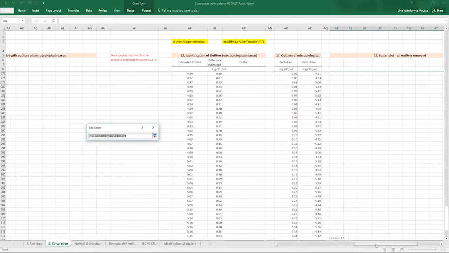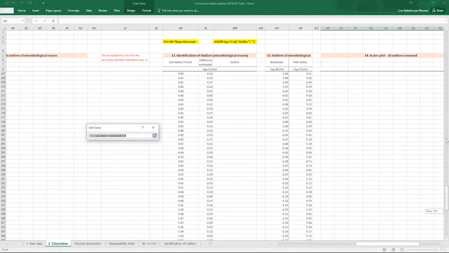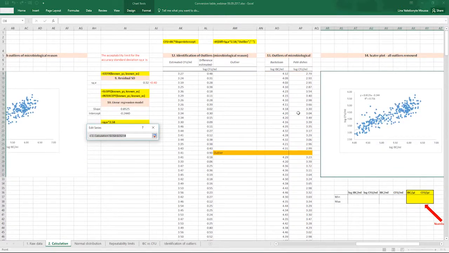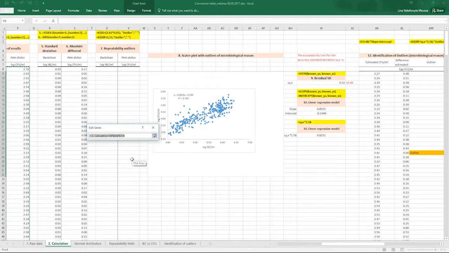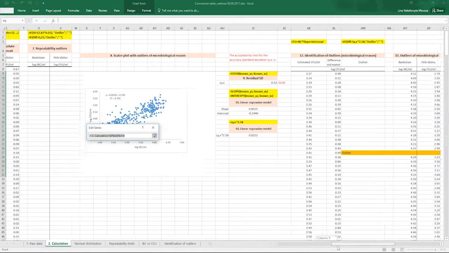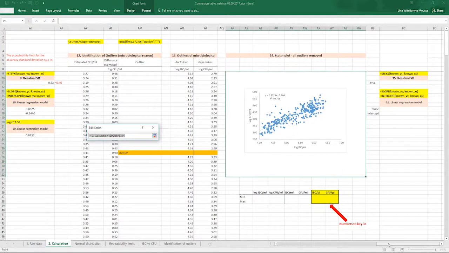And we have on X axis BactoScan results, and on Y axis Petri dishes results.